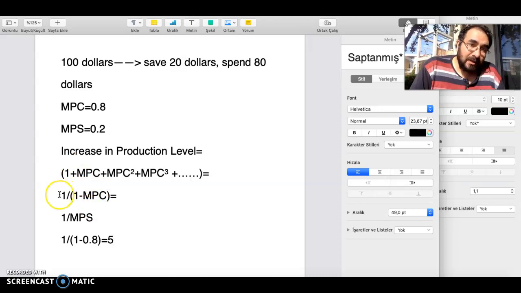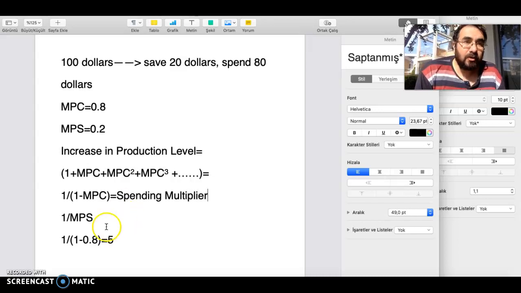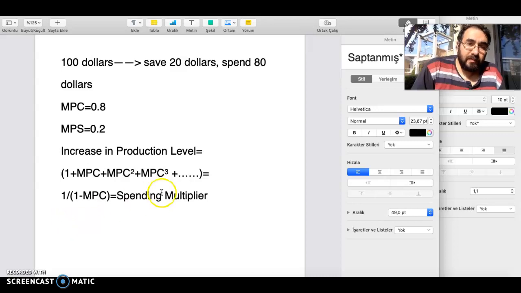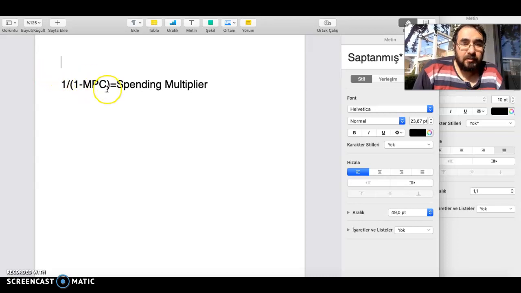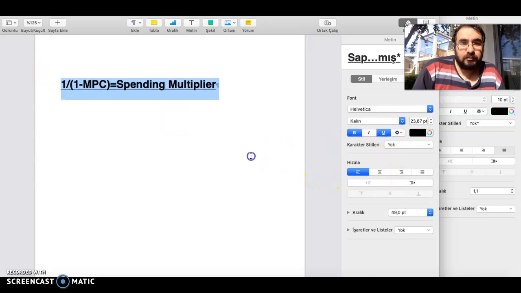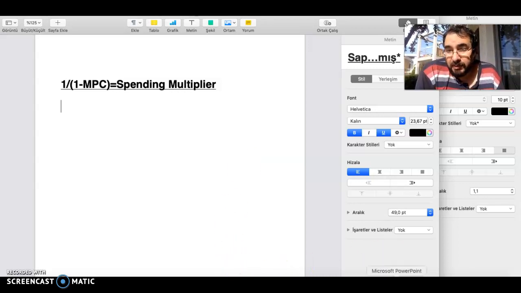As a result, this expression is taken as the spending multiplier in the economic system. So this is our multiplier. So this is the multiplier.